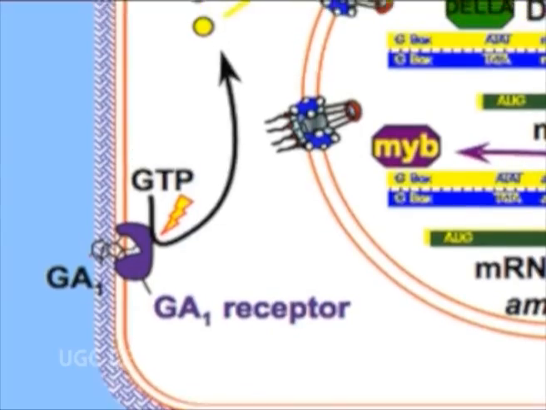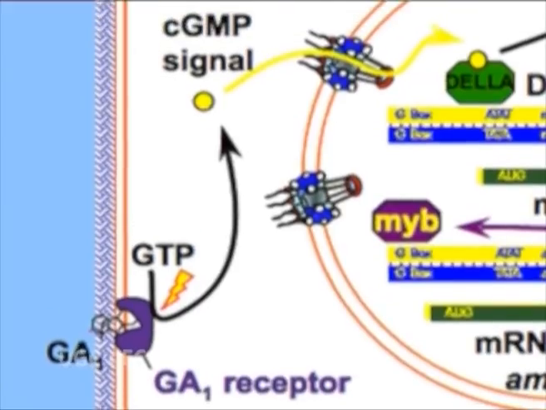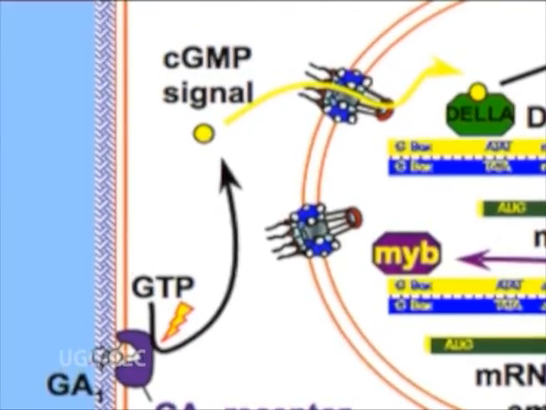G proteins can activate the enzyme guanyl cyclase, which synthesizes cyclic guanine monophosphate from GTP, or guanine triphosphate. Cyclic GMP can regulate ion channels, calcium levels, protein kinase activity and gene transcription.